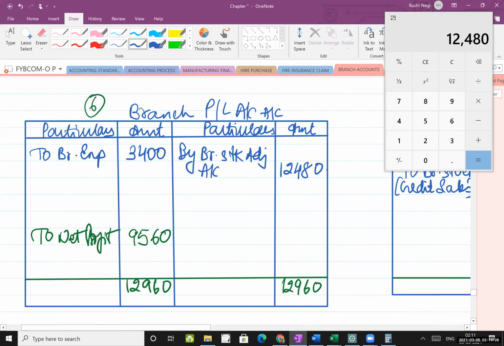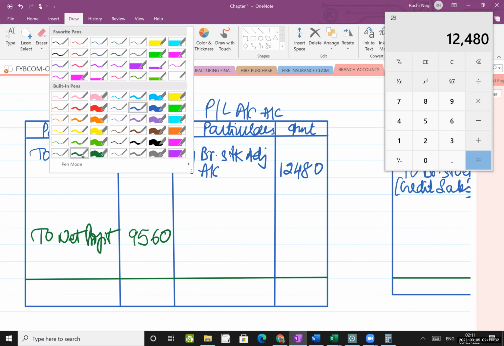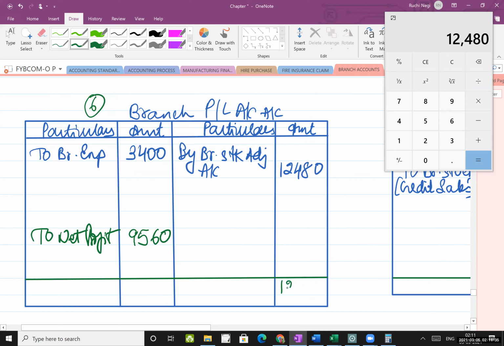So 9,080. So this is the balancing figure.